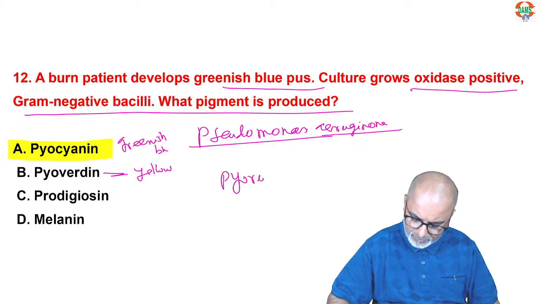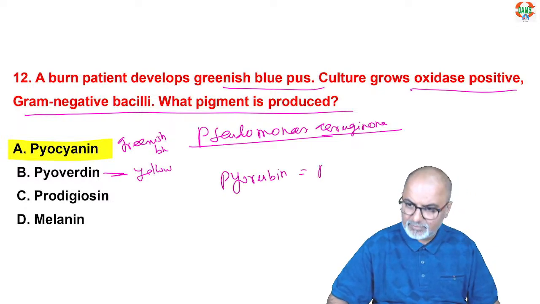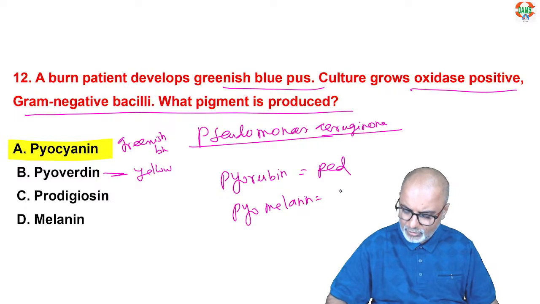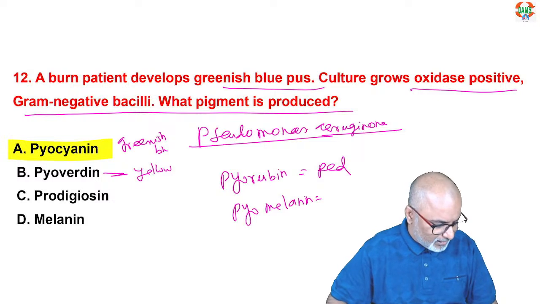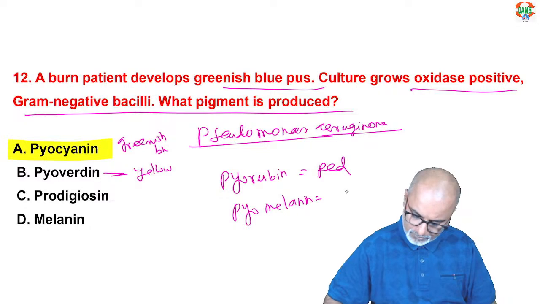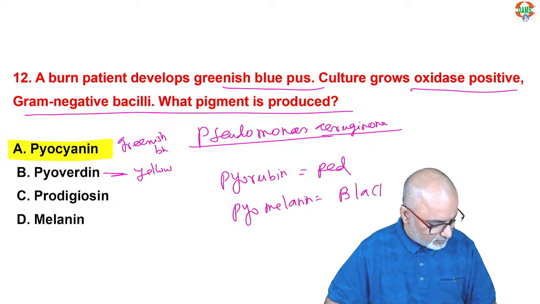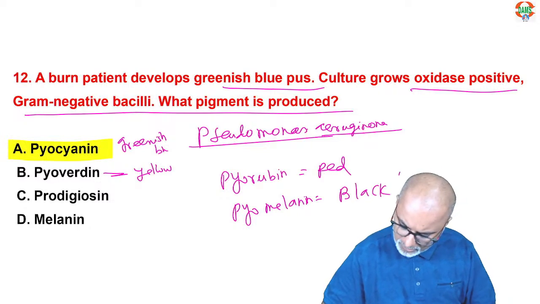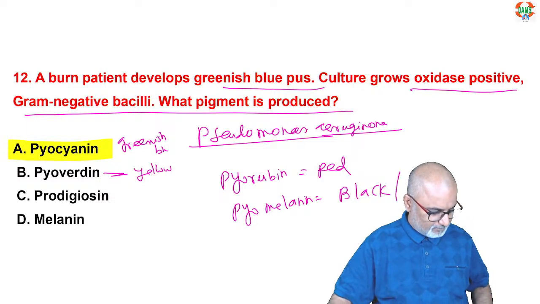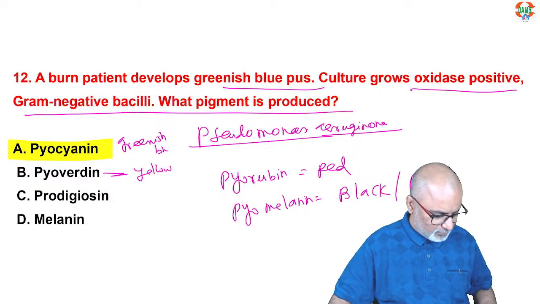Pyorubin, red pigment. Pyomelanin, black to brown pigment.